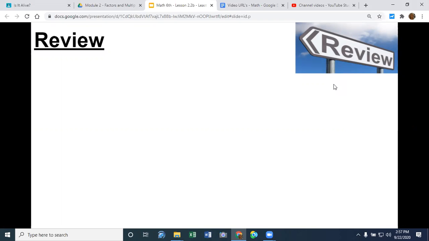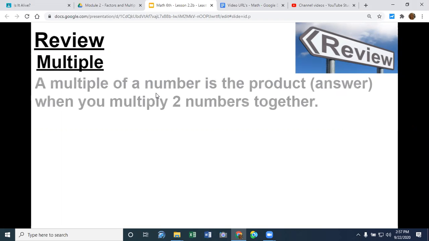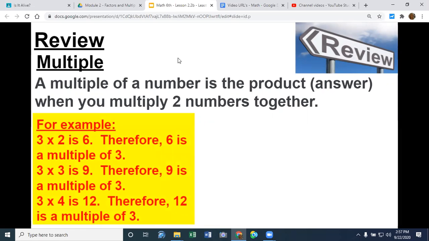So the review. What is a multiple? You remember from last lesson, the multiple of a number is the product, or the answer, when you multiply two numbers together. For example, 3 times 2 is 6, therefore 6 is a multiple of 3. 3 times 3 is 9, therefore 9 is a multiple of 3.